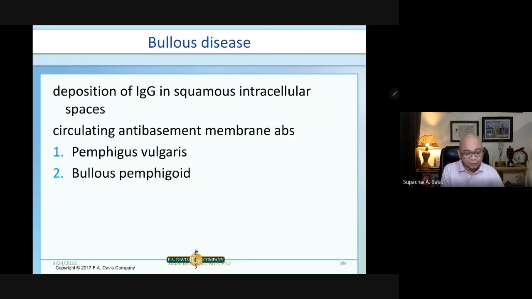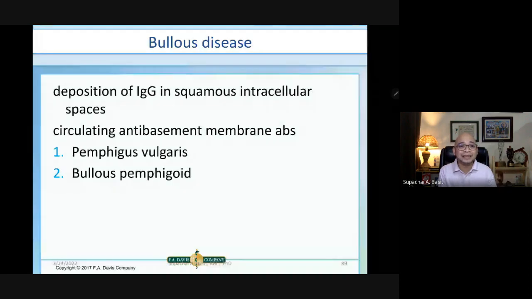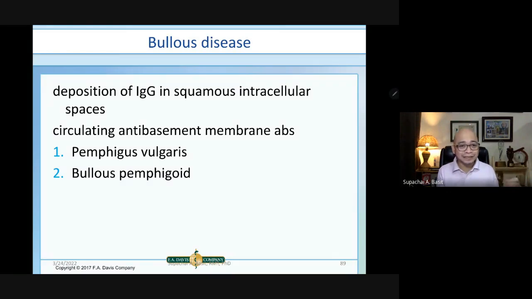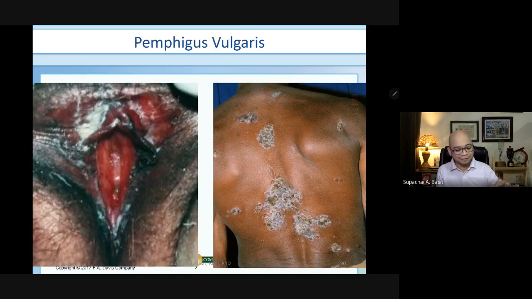Okay, so bullous disease is another example of autoimmune disease, but this time it affects the skin. Particularly, it is characterized by the deposition of immunoglobulin in squamous intercellular spaces. So, circulating anti-basement membrane antibodies are characteristic of pemphigus vulgaris and bullous pemphigoid.